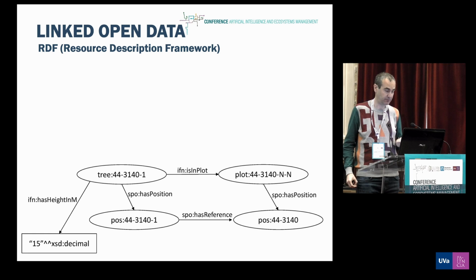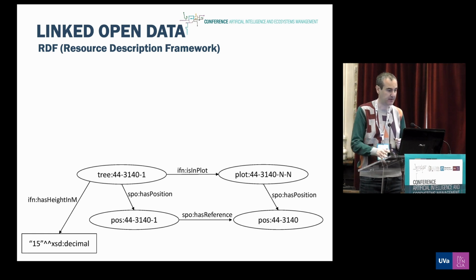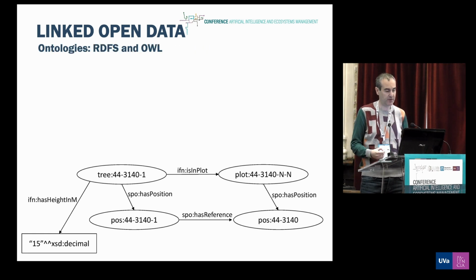As in databases, to be able to give semantics to this it is useful to have a schema, but contrary to databases, the schema is written in the same way as the data, using triples. So in the end, you have a self-descriptive graph.